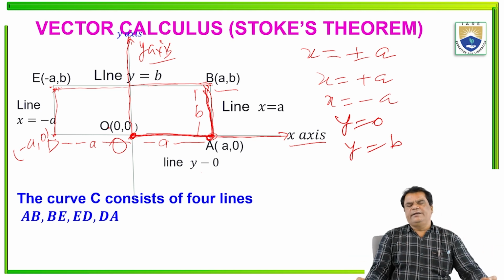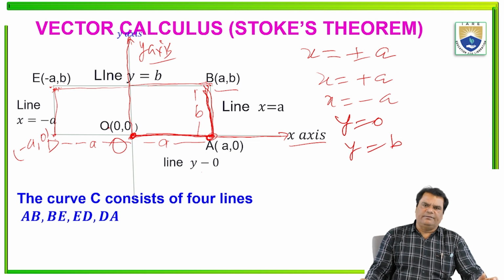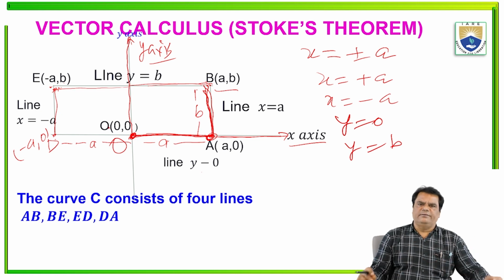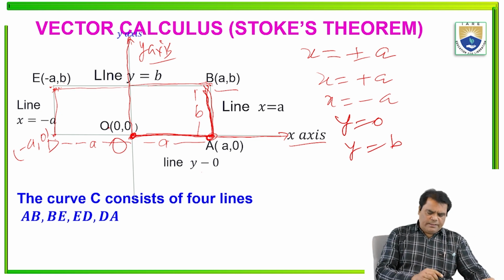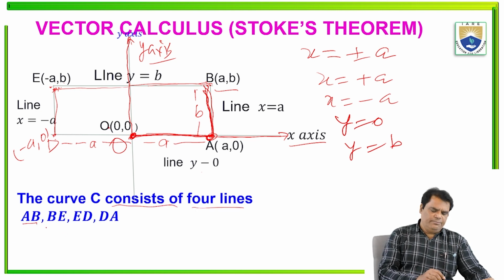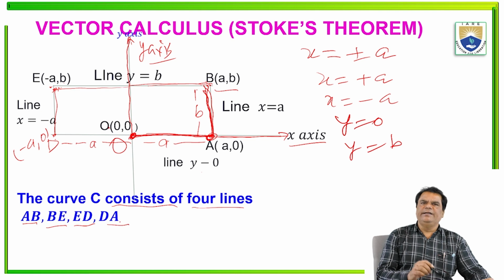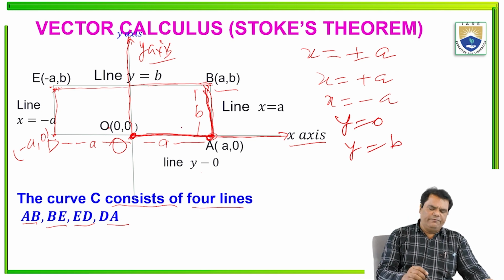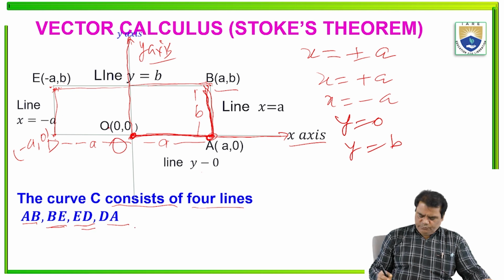After adding all four integrals, we get the value of the line integral. This is the closed rectangle, so the curve C consists of four lines: AB, BE, ED and DA.